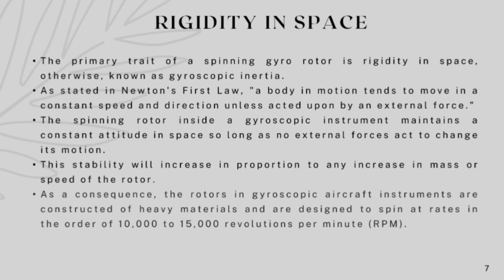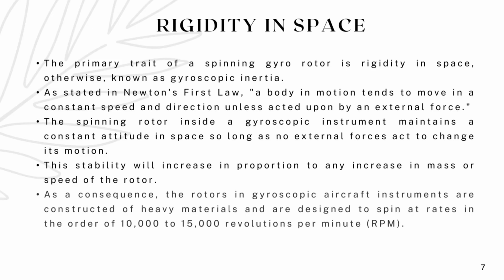This stability will increase in proportion to any increase in the mass or the speed of the rotor. As a consequence, the rotors in gyroscopic aircraft instruments are constructed of heavy materials and are designed to spin at rates in the order of 10,000 to 15,000 revolutions per minute.